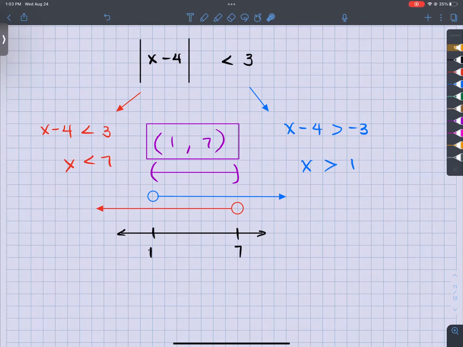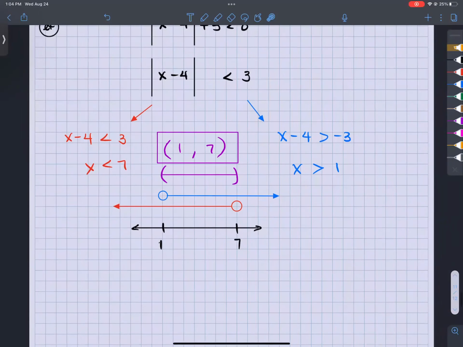Correct. Correct. Now, the other thing you guys could look at is this.